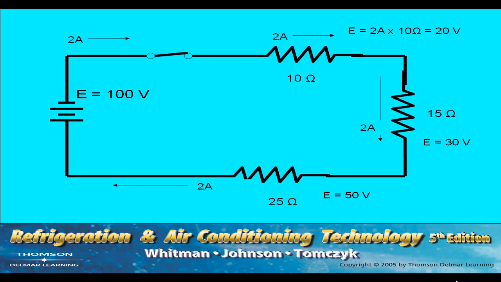Well, 2 amps and 10 ohms, we can do the math: 20 volts right there. 2 amps, 15 ohms, 30 volts. 2 amps, 25 ohms, 50 volts. So 50, 30, and 20 equals 100. They'll add up, right? So we have a voltage drop: 20, 30, 50 equals 100.